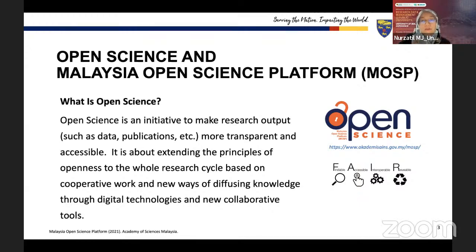So the idea of imparting this FAIR principle when sharing research data is that you want to make the research data as open as possible, but as close as necessary. What does that mean?